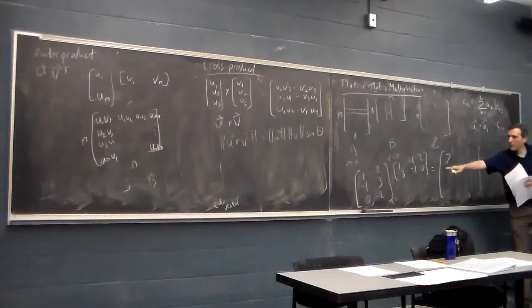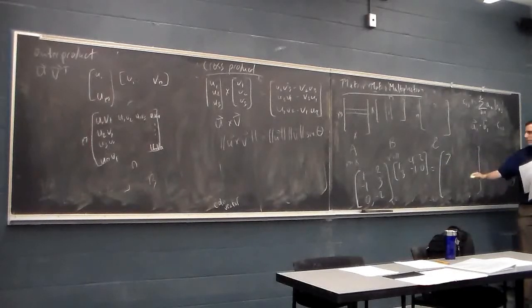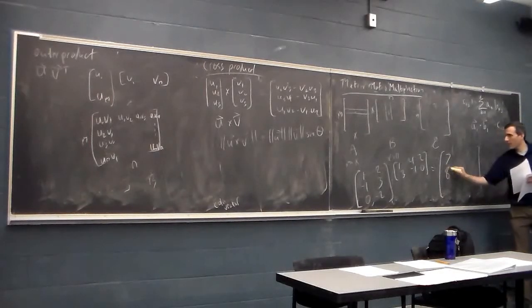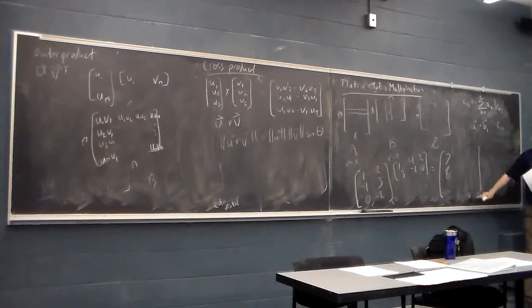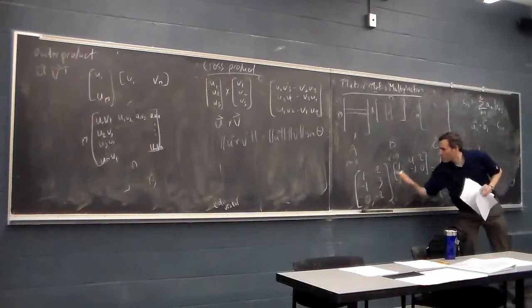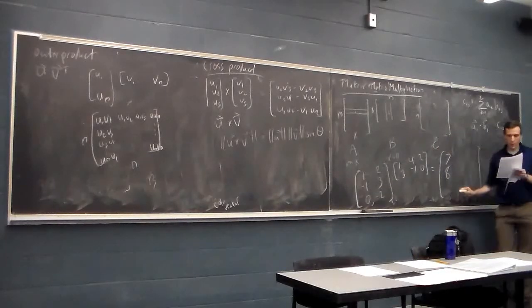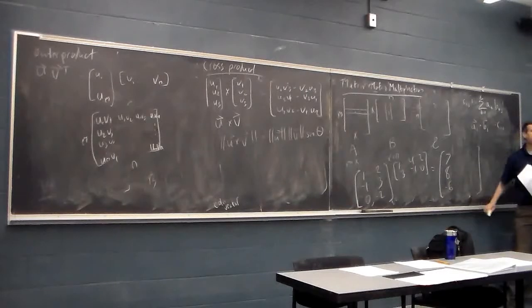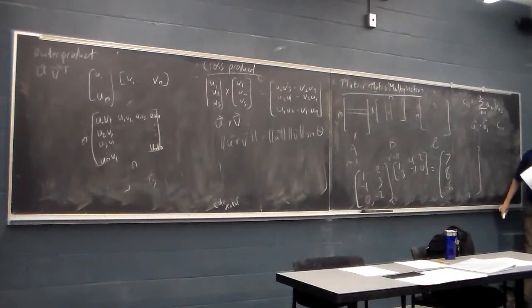So that's going to be minus 1 times 1 plus 3 times 3, which will be 8. And the third element in column 1 of matrix C is going to be 0 times 1 plus minus 2 times 3, which is minus 6. Is everyone with me so far?